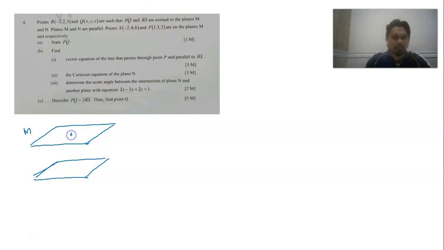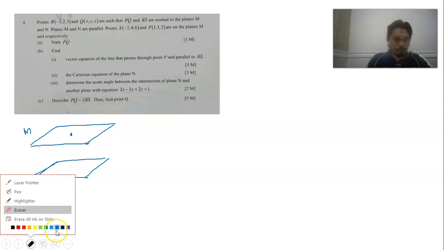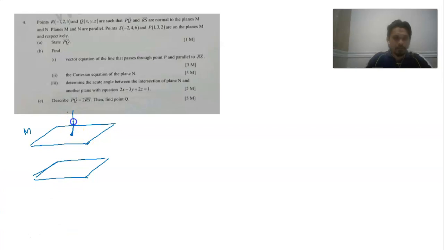Normal means that from P to Q, that forms the 90 degree with the plane, and also another normal to the plane, from R to S. Okay, PQ and RS are normal to the plane.